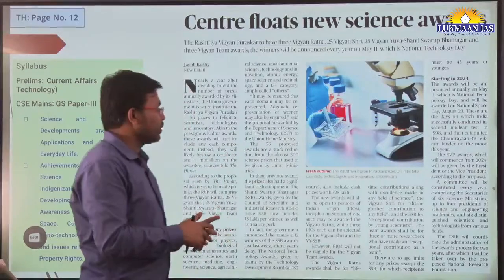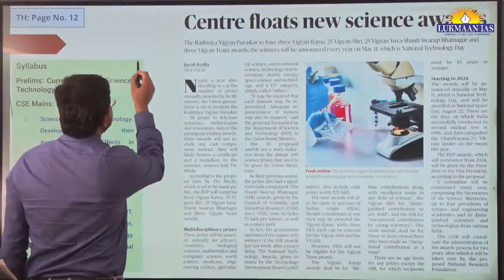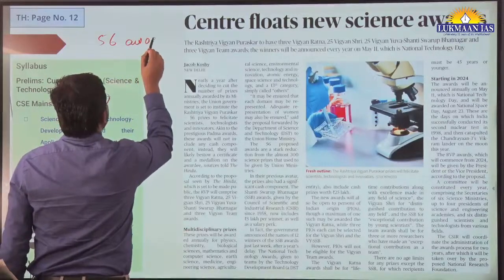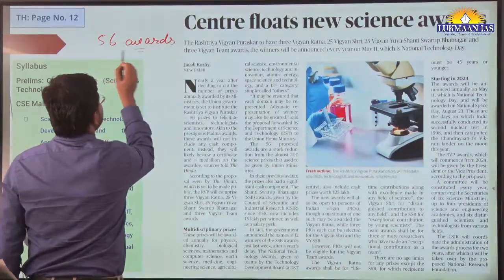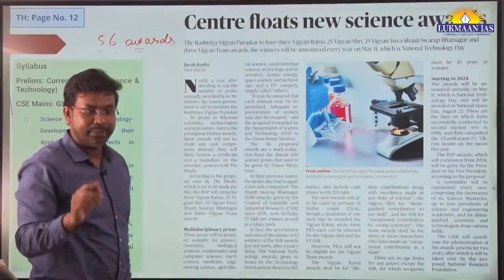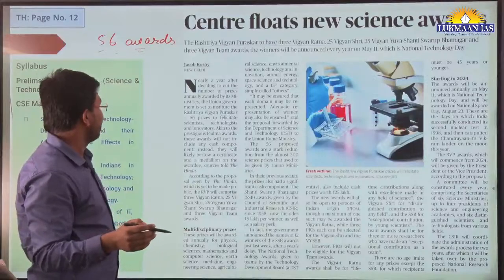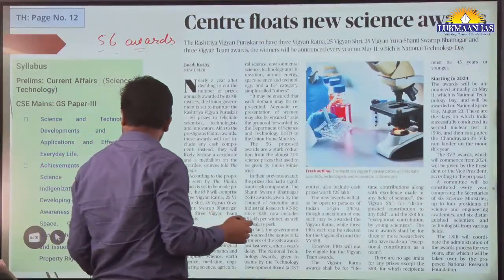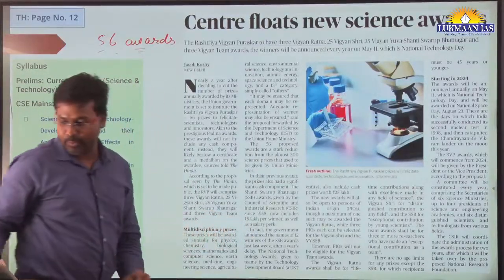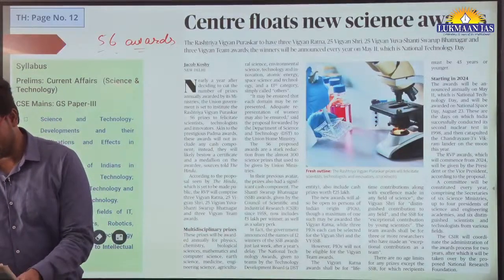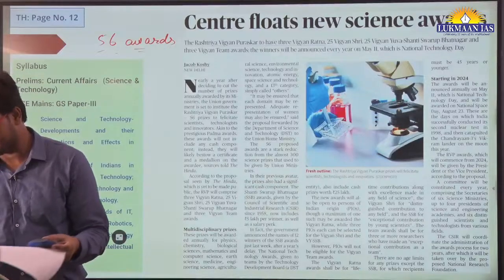So now effectively we have around 56 scientific awards. They have named these awards in a different manner. I will mention these awards one by one, and I will open the page as well, so that it becomes a little clearer to understand.